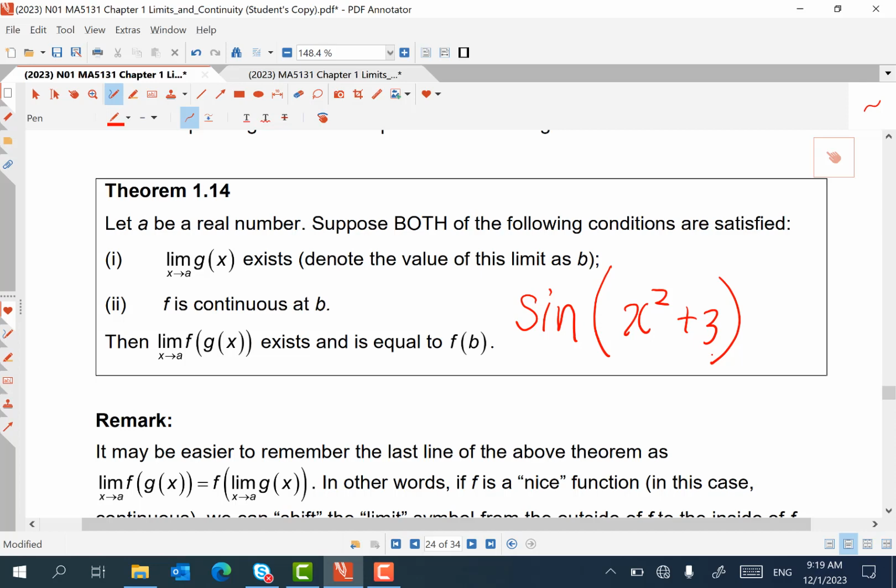So in this case, if you see your f(x) as sine x, and your g(x) as, okay, supposedly it is like that.